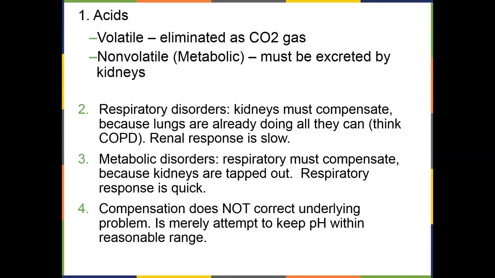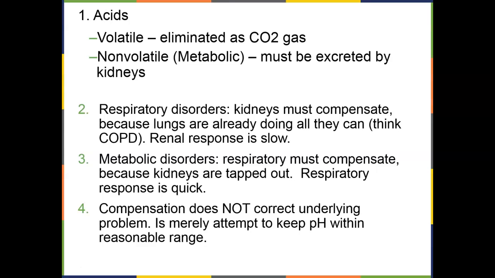Acids can be considered volatile. Volatile acids can be eliminated from breathing, so they're eliminated as a gas called carbon dioxide. Non-volatile acids are metabolic, and they have to be excreted by the kidneys. So disorders associated with the respiratory system are going to be associated with elimination of carbon dioxide gas.